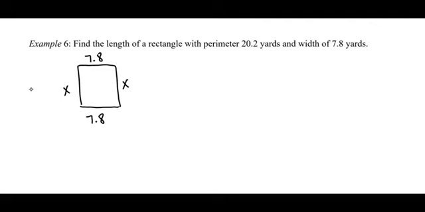All right, so we can set up the equation. Let me go the one way, and then we'll simplify that. So we'll have 7.8 plus x plus 7.8 plus x equals 20.2.